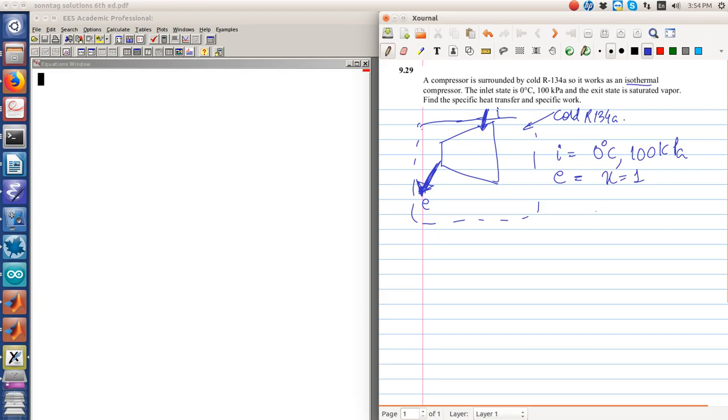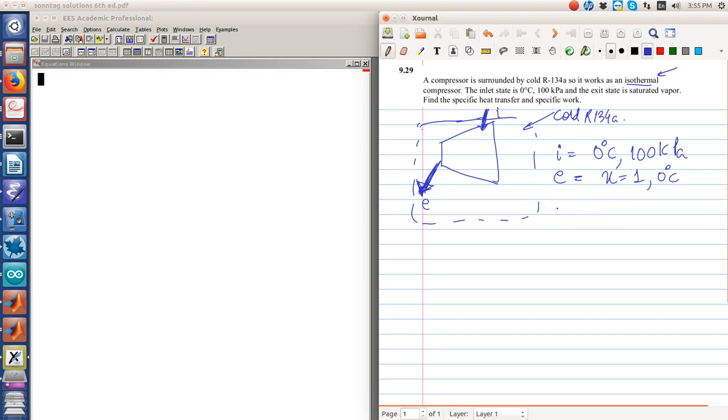Okay, so the final state is also at 0 degrees Celsius because it is working as an isothermal compressor. For an isothermal compressor, what is the heat transfer? Heat transfer for an isothermal process, if we assume it to be reversible, would be equal to, okay, let's first write down the first law instead of writing directly.